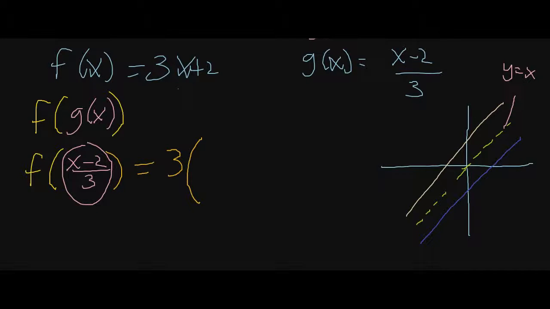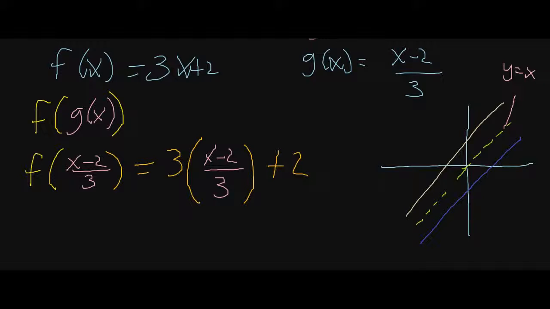So we're going to get 3 times x minus 2, all divided by 3, and then we have the plus 2.